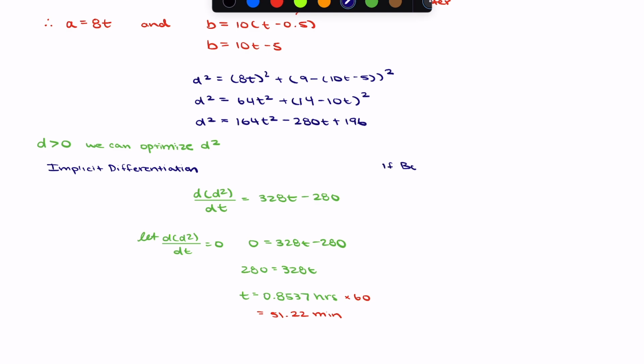Here, what we can do is see that if Bob runs the full amount, so that's again if b is equal to 9, we see here that b is equal to 10t minus 5. So sub in 9 for b. 9 is equal to 10t minus 5, and t is equal to 1.4.